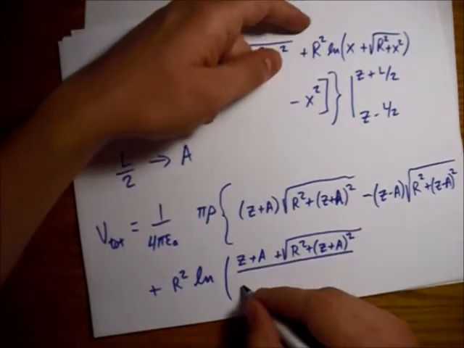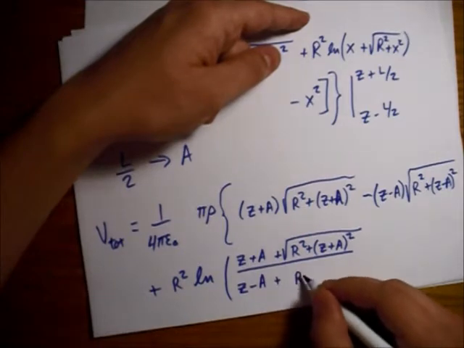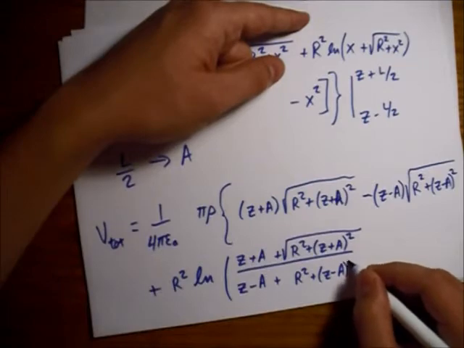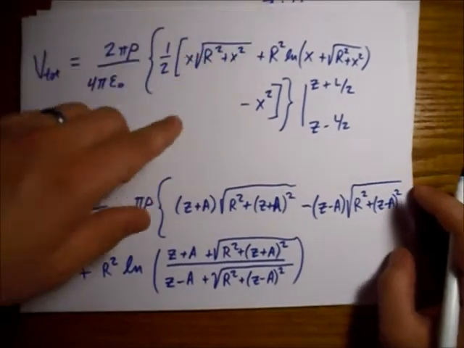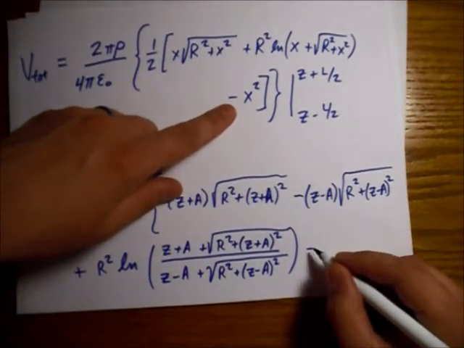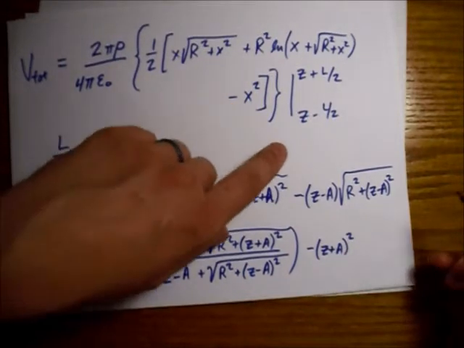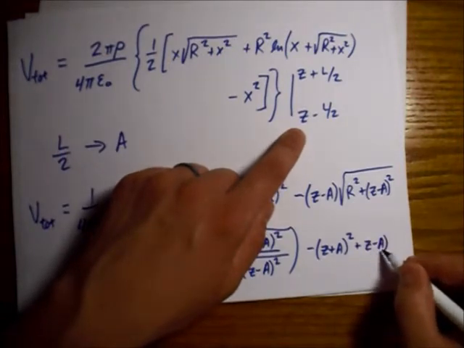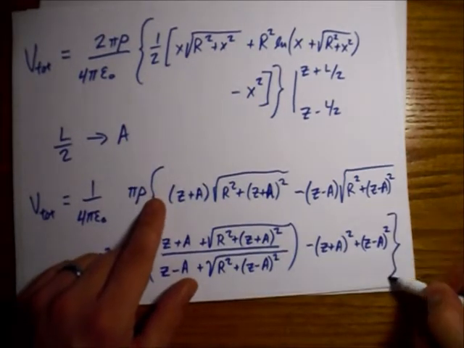And on the bottom, we have a z minus a plus an r squared plus z minus a squared under a square root. And then we get, what would this be? A minus z plus a squared. And then we'll end up with a plus z minus a squared. Okay, and then we just need our closing brace.